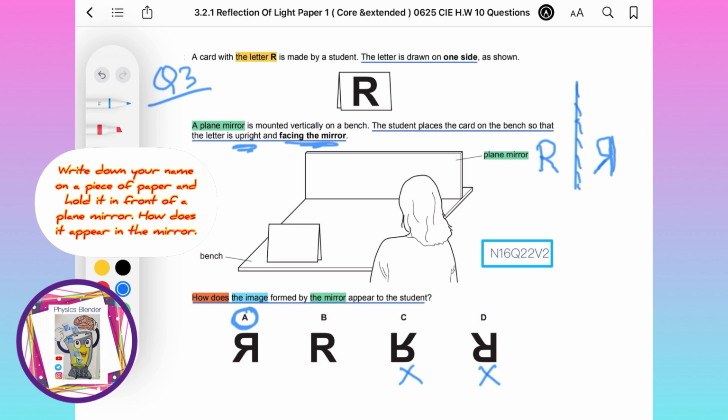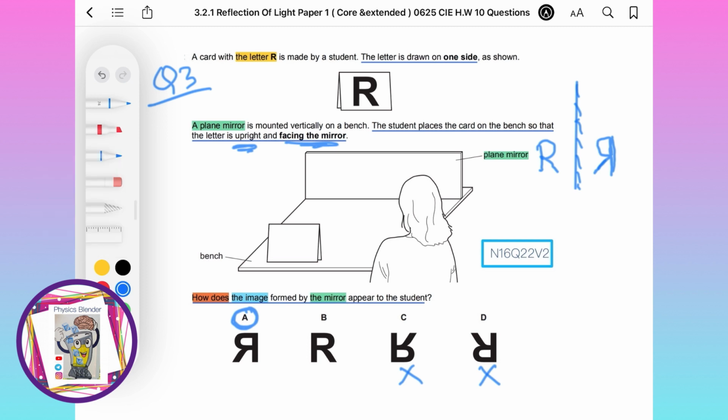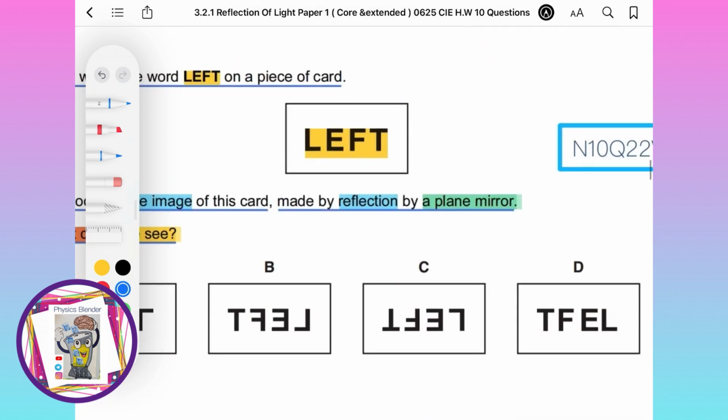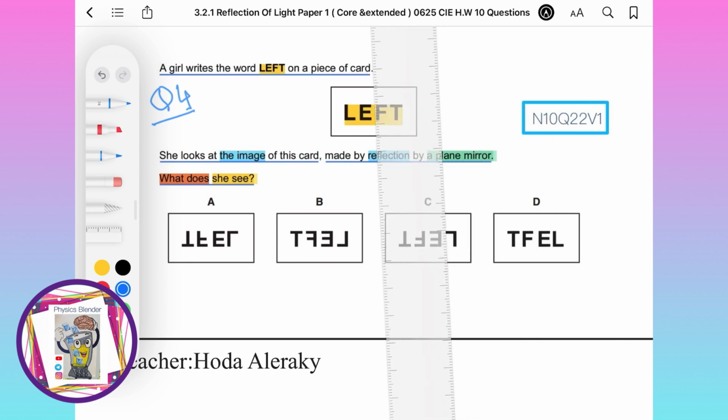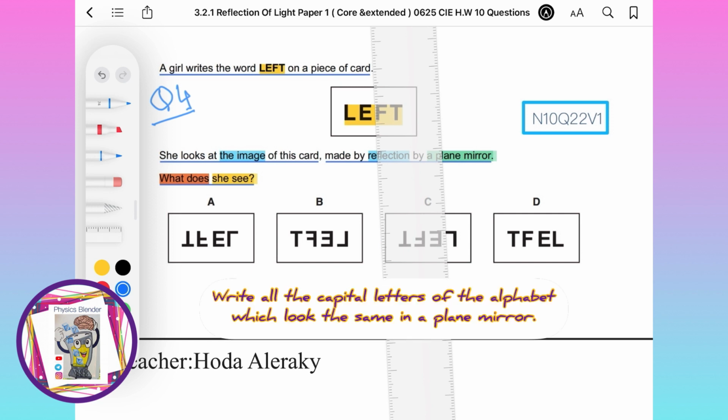So guys, let's move to question 4. Question 4, we have the word left, how it looks when a girl looks at the image, the reflection by a plane mirror. What does she see?